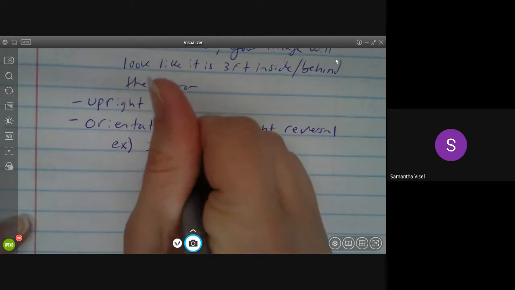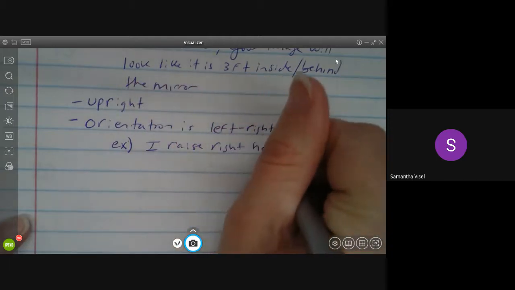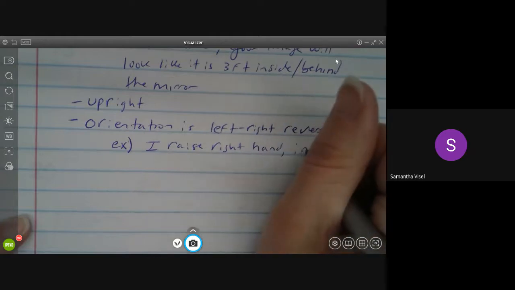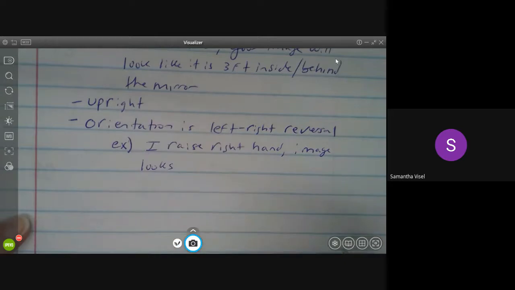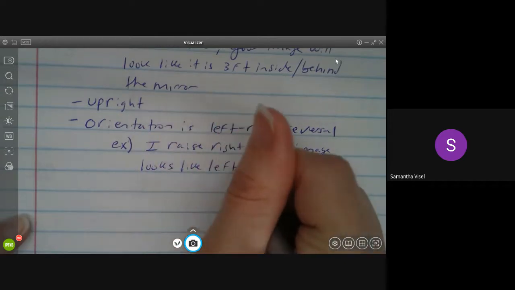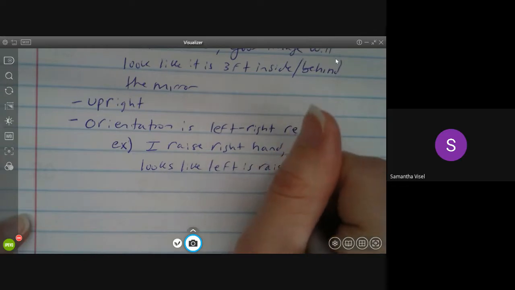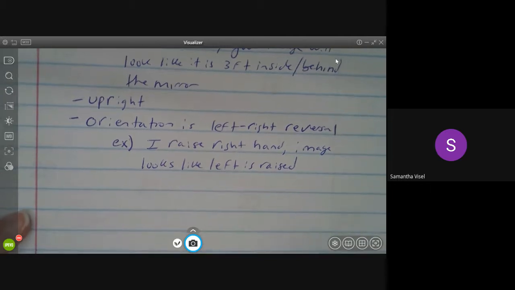If I raise my right hand, to me, based on my position, the image looks like it raises its left. So you put your right hand up, the image projected will look like the left hand is raised.